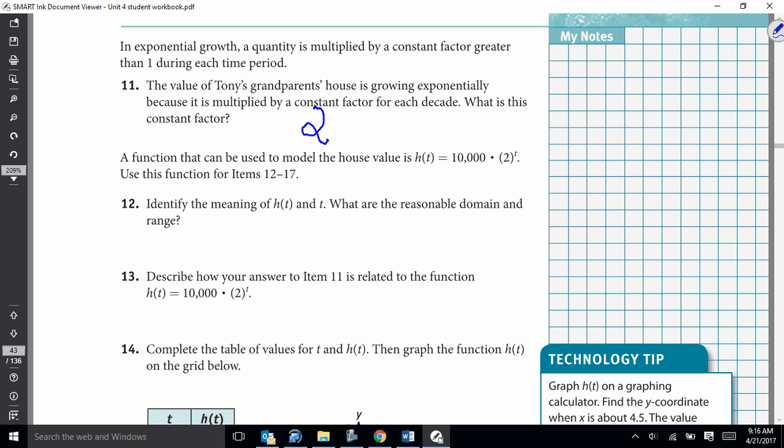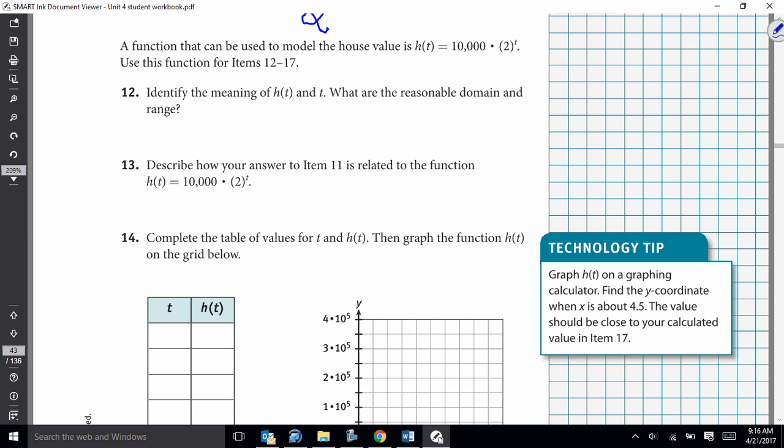All right, so a function that can be used to model the house is h of t equals 10,000 times 2 to the t. So we're going to use this for 12 to 17. And I think this is going to be your homework. All right, so I'm going to give you this time to get started.